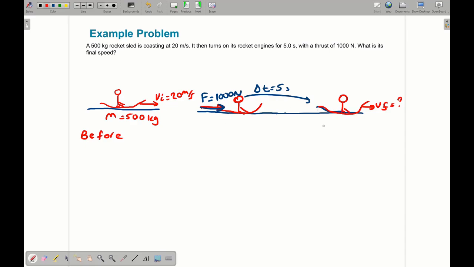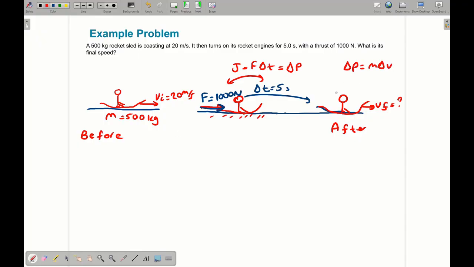Now the force is removed. Between before and after I applied the force in here. That will cause an impulse J, F delta T, which will cause a change in momentum. And change in momentum is equal to M delta V.